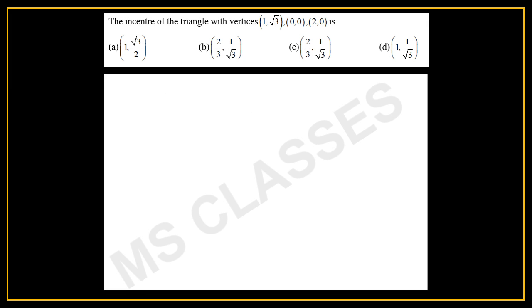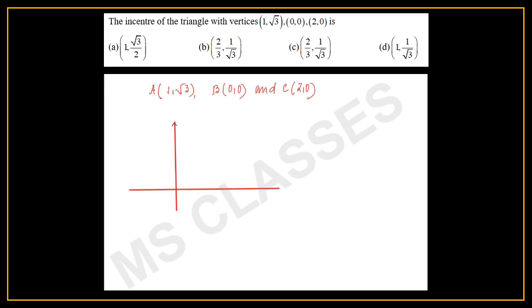Find the incenter of the triangle whose vertices are A (1, root 3), B (0, 0), and C (2, 0). First of all, we plot this in the Cartesian plane and try to understand the triangle we have got.